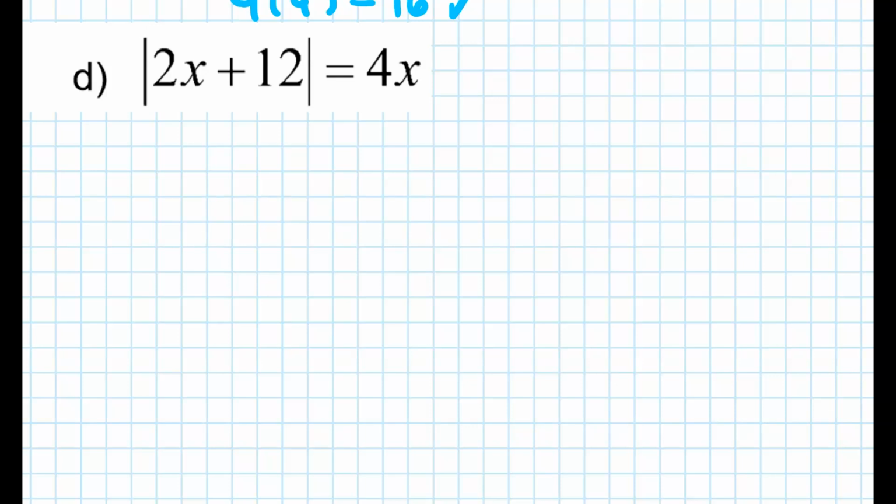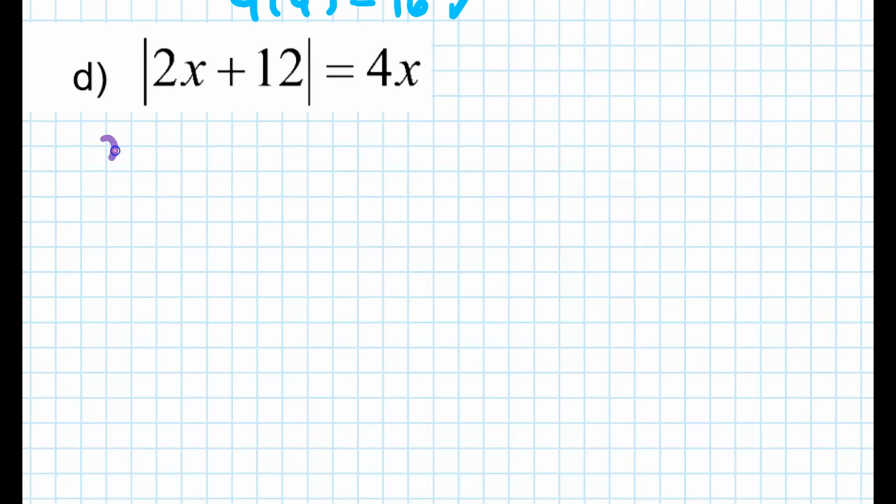And so what changed in this one? There's an x in that. So we got one on the inside and one on the outside. Does that change how we solve the problem? No, does not change anything. We're going to go through the same process. All right. So again, the absolute value is already isolated for us.